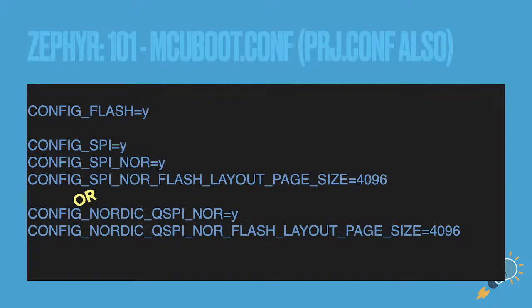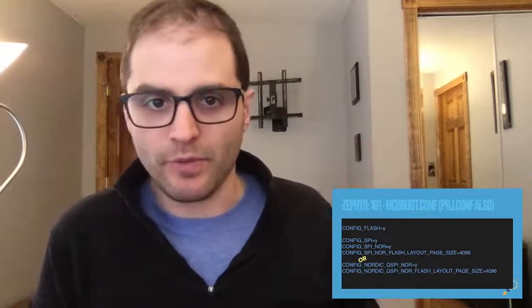And so for the vanilla Zephyr configuration setting, you can have an MCUBoot specific config file. Again, you can put it in that child image folder under MCUBoot, or I think you can just create an MCUBoot conf. Zephyr looks for both of those things.